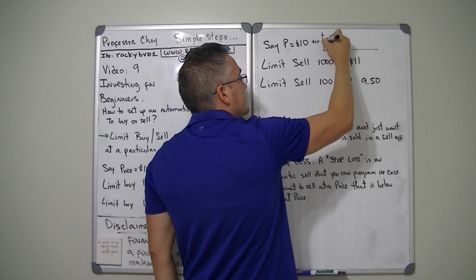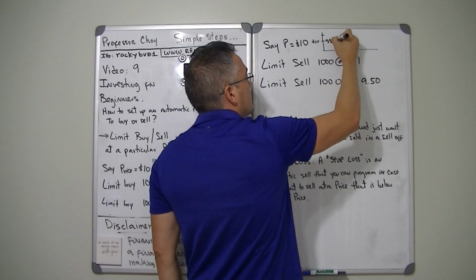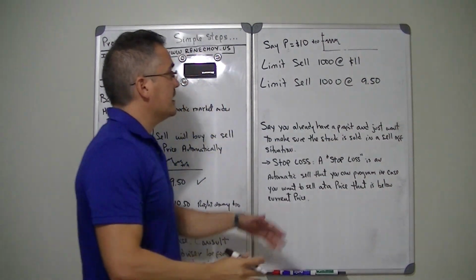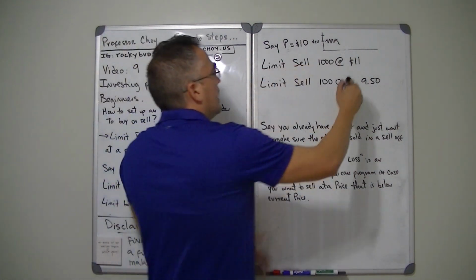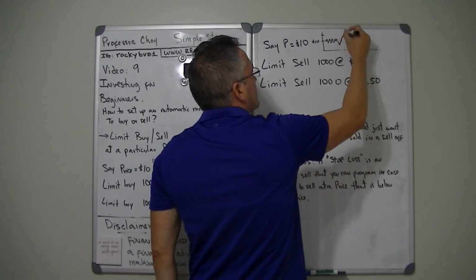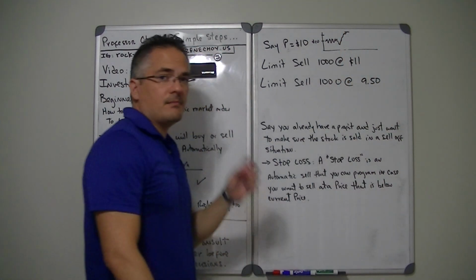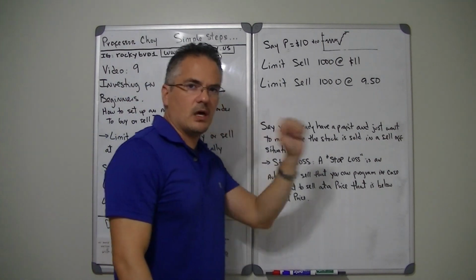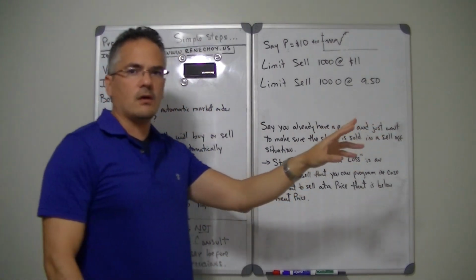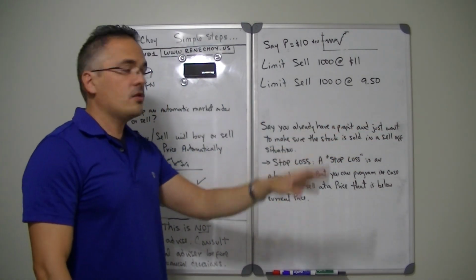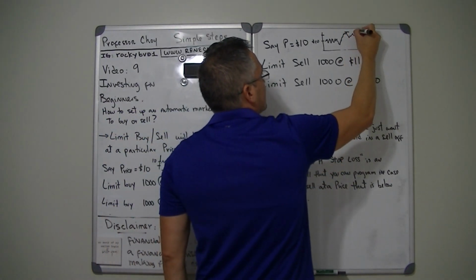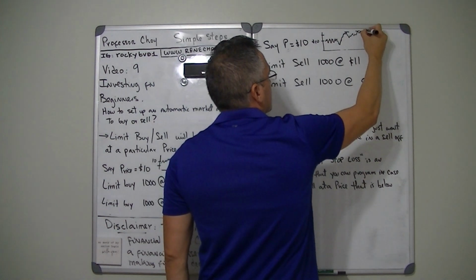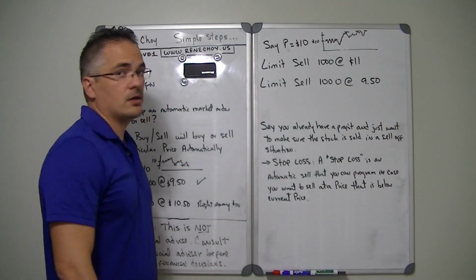As the price of the stock goes up and down, if it goes down, it will not execute, because I want to sell at 11 or higher. If it hits 11, then boom, it will start selling my 1,000. If it could sell 100 at 11, it will sell 100, and if it could sell another 100, or all the rest, it will sell at 11. But it will only execute as the price touches 11.